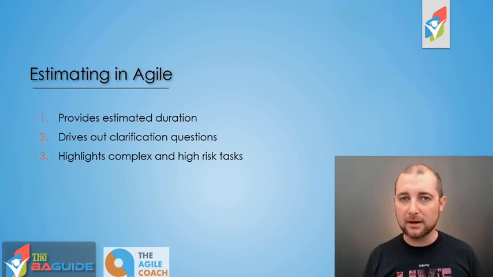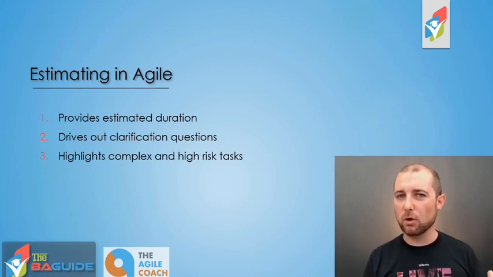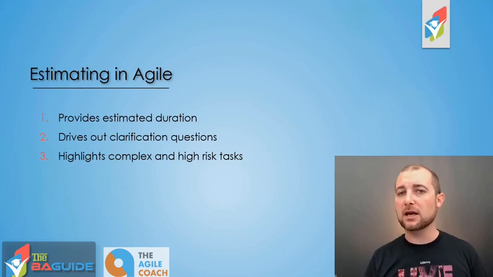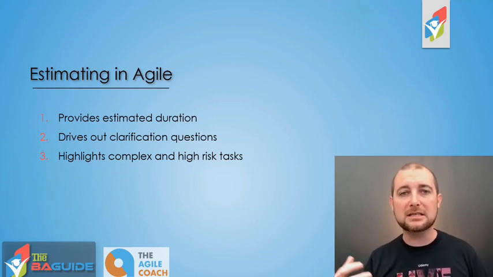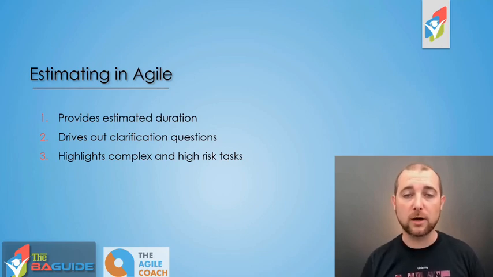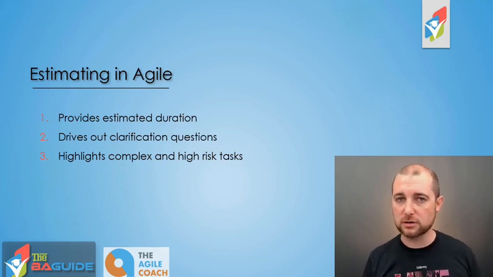Now, with doing that, they're going to also drive out additional clarification questions or unknowns that weren't defined there. So by asking for an estimate, not only are you going to potentially get a duration back, you also are going to get clarifying questions of things that you need to dig in further to and make sure that you have defined as part of the requirement prior to that requirement actually being able to be completed by that developer or the person creating that solution. So that's number 2. It helps to drive out clarifying questions.